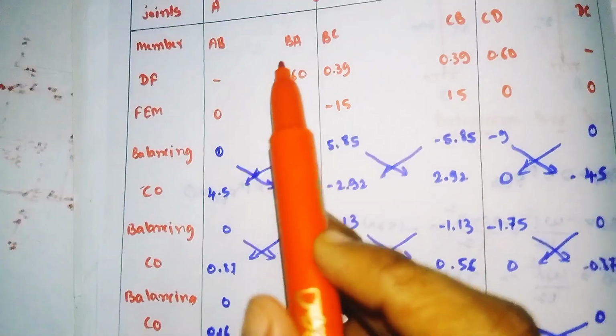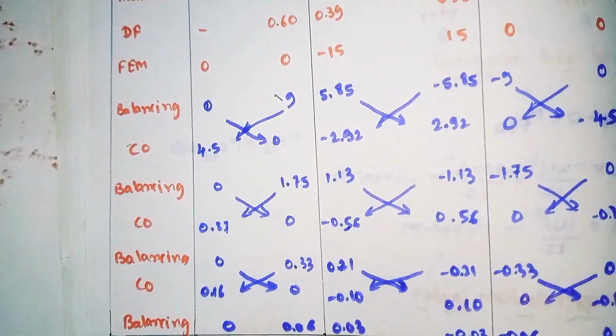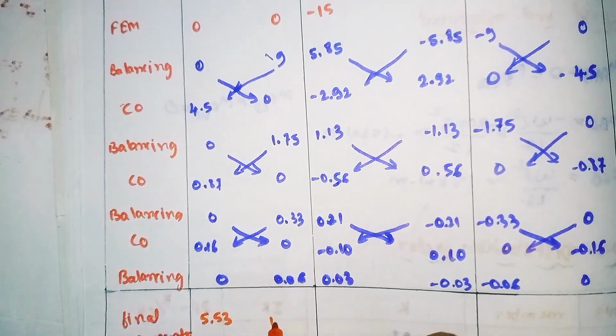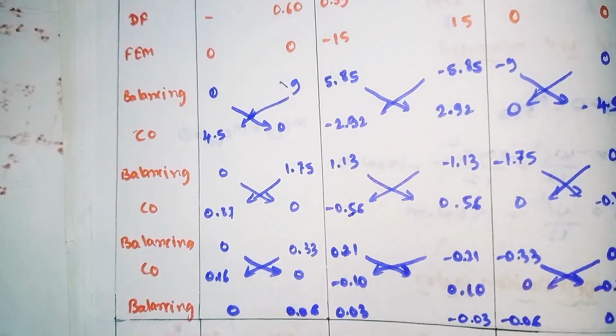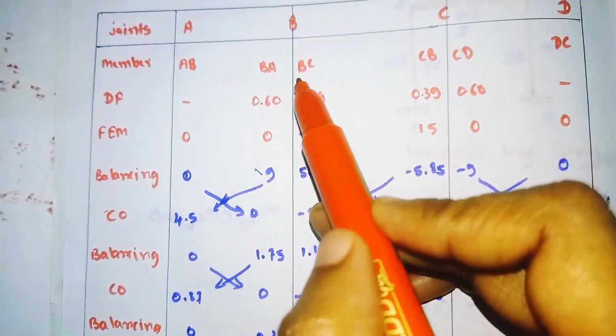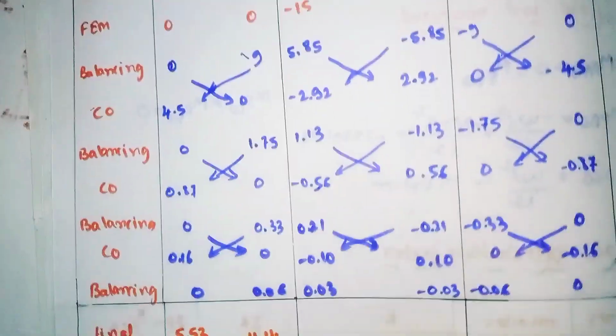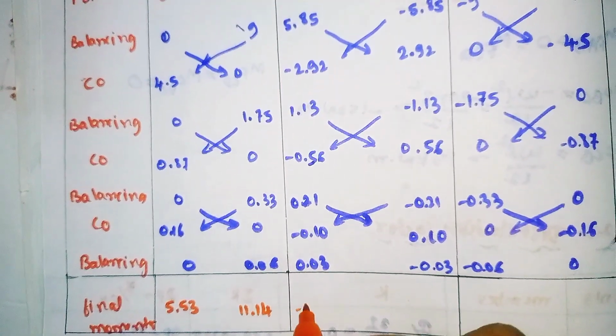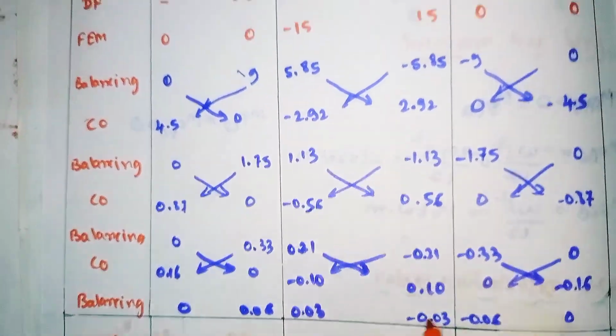So for AB, we get the final moment 5.53. For BA, 11.14 we get, and for BC we get minus 11.14.